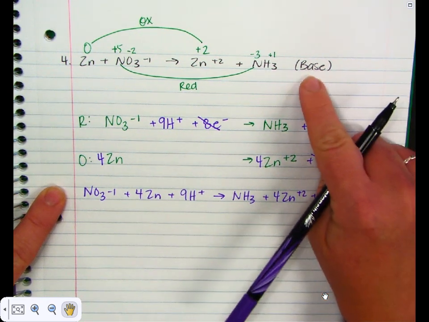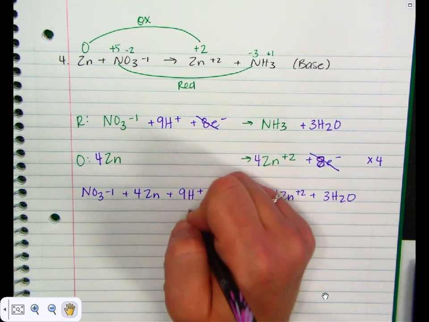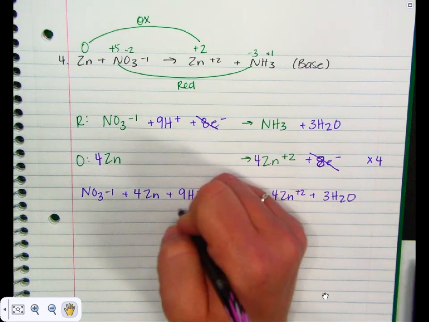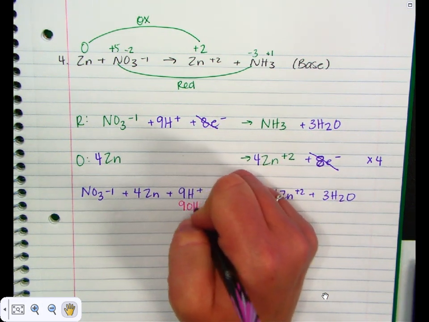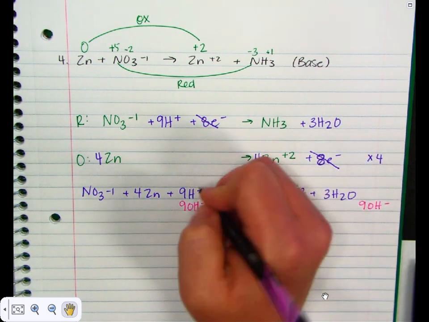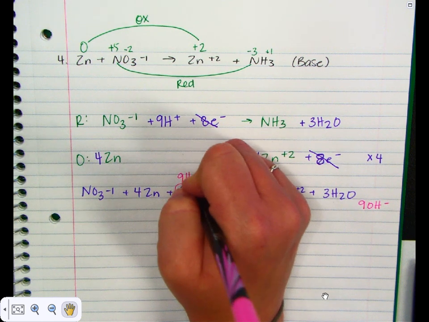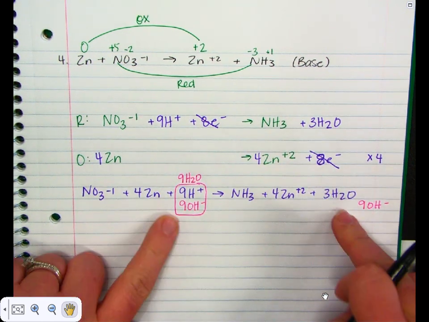Now this one is in a basic medium, so I've got to get rid of those extra H pluses by adding OH. So 9 H pluses means I'm going to add 9 OH minuses, and I'm going to have to add 9 OH minuses here. This is going to make 9 waters. All right, and I've got some water over here.